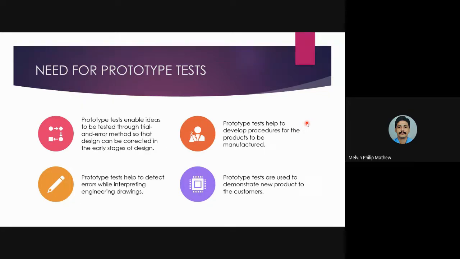For that purpose, each time a prototype is made, we study how we can make it better, or how we can build it faster, so as to produce the product at a faster rate to meet the demand of the consumer.